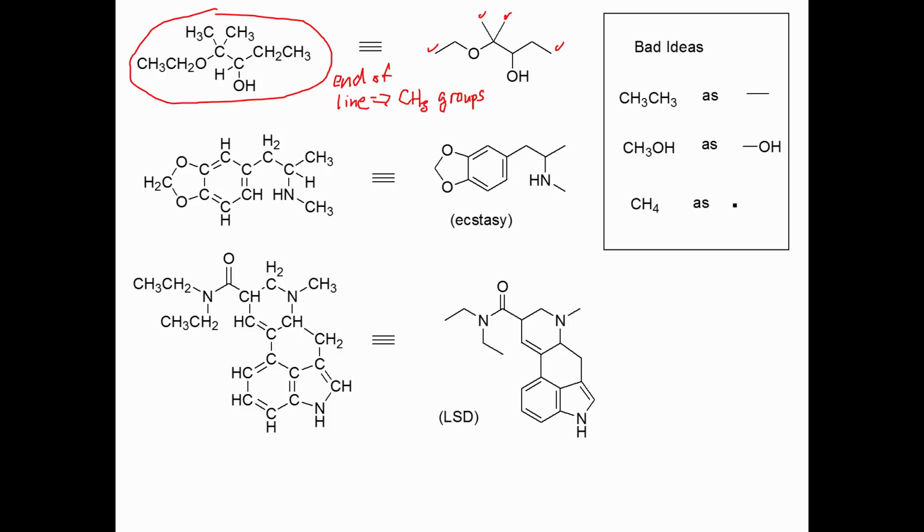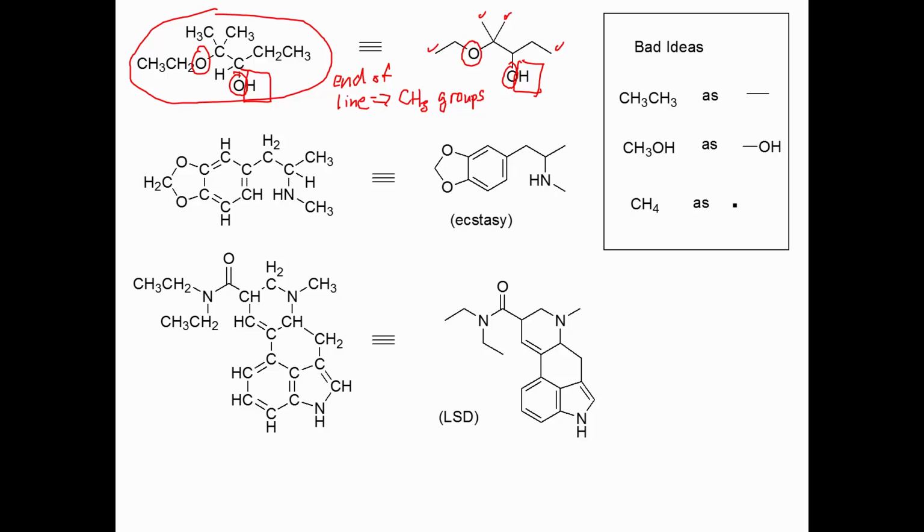And these intersections of lines represent CH2s or CHs or whatever. They represent less than a CH3 group. Okay. So notice how here we have two oxygens, and we showed both of them. We have one hydrogen that's attached not to carbon, but to oxygen, and that one has to be shown.